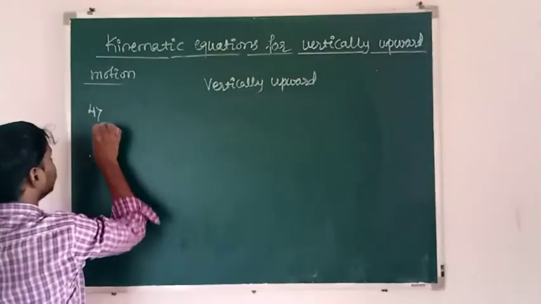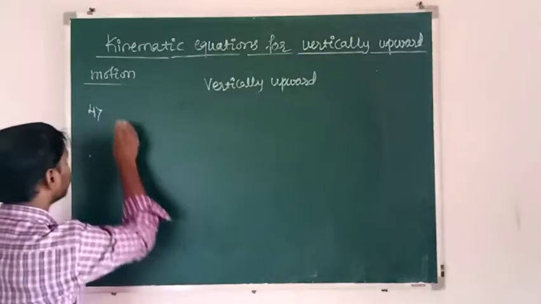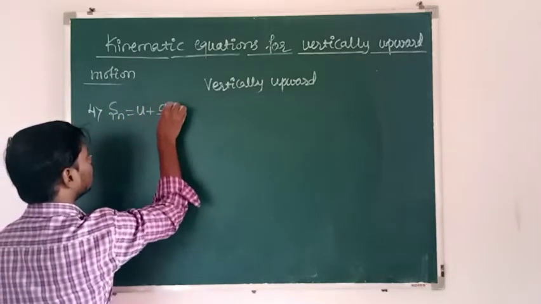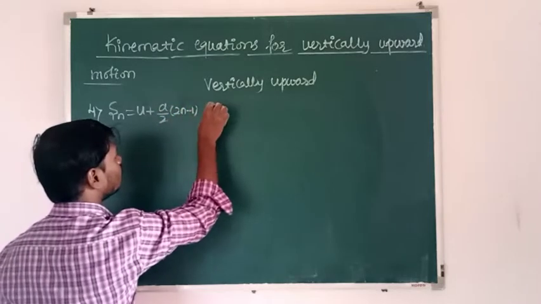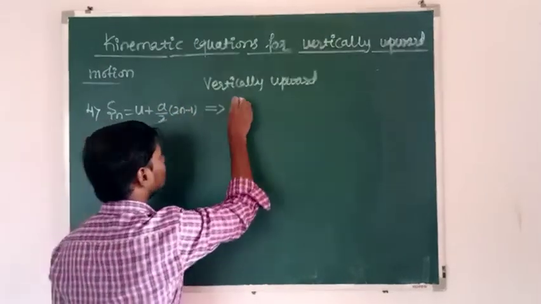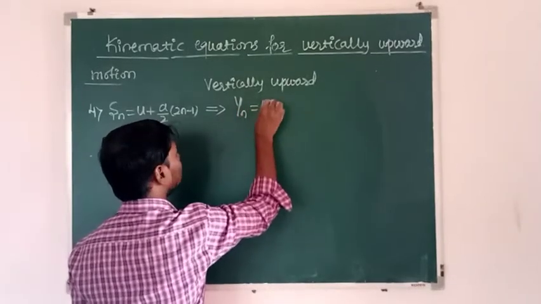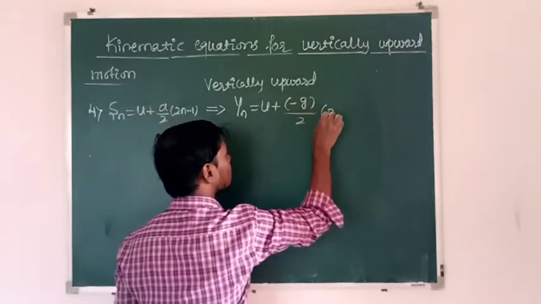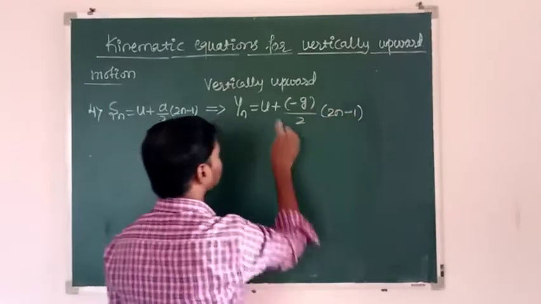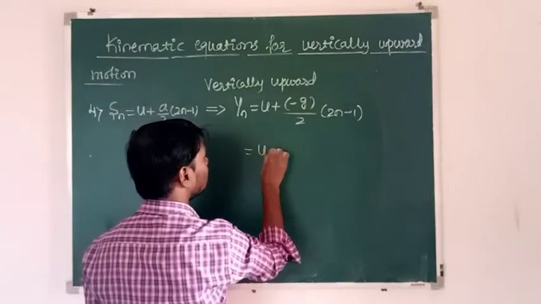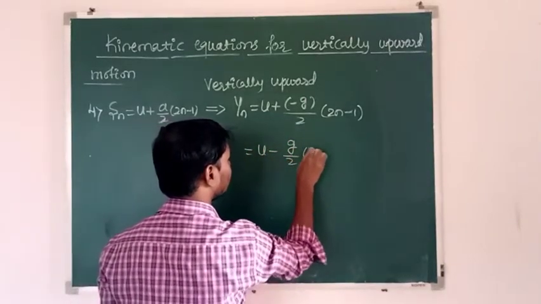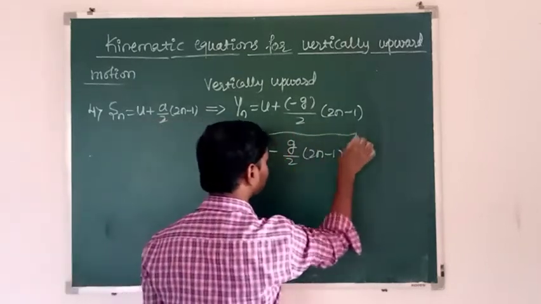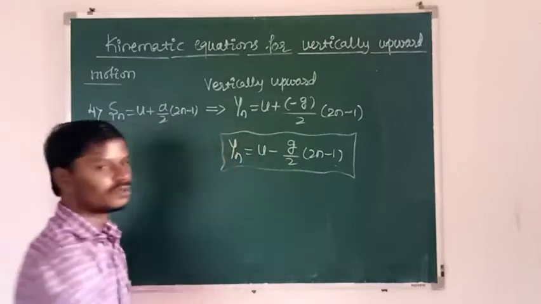We know that the distance traveled in the nth second is Sn is equal to U plus A by 2 into 2n minus 1. But in vertically upward motion, we are going to write Yn is equal to U plus minus G by 2 into 2n minus 1. So it is the distance traveled by the body in the nth second in vertically upward motion.